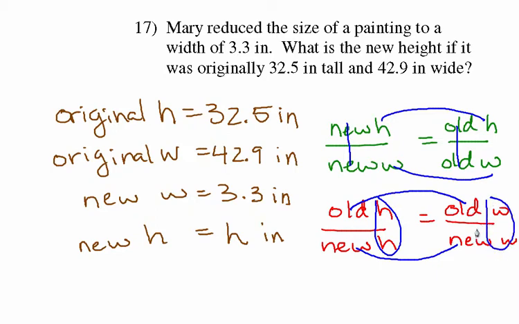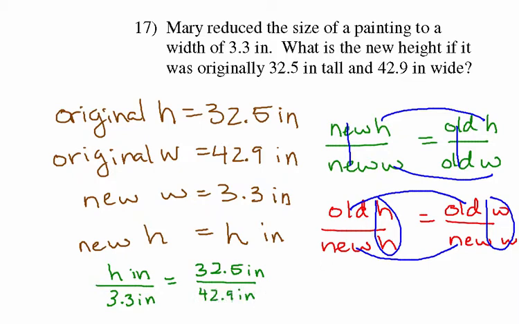As long as there is correspondence up, down, and left, right, everything will be fine. So I'll show you what that would look like set up in both methods. New height h inches over new width 3.3 inches would equal the old height 32.5 inches over the old width 42.9 inches. So that's one appropriate way to set it up.